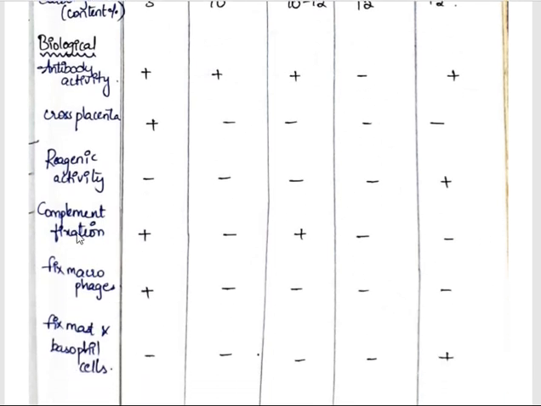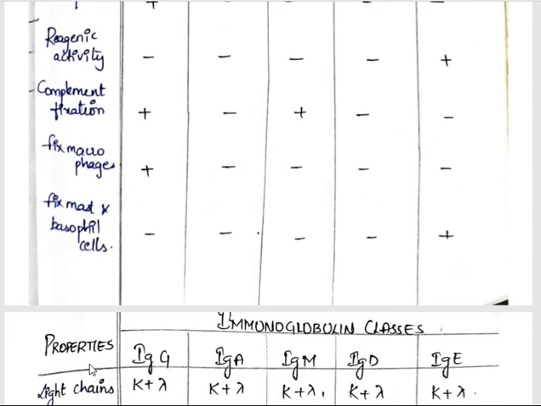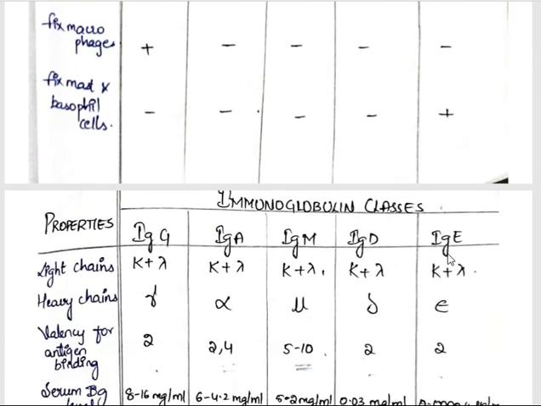And then complement fixation can be seen in two types of immunoglobulins: one is IgG, another one is IgM. Then which immunoglobulin fixes macrophages? Obviously IgG. Then which immunoglobulin fixes mast cells and basophils? Obviously it is IgE.